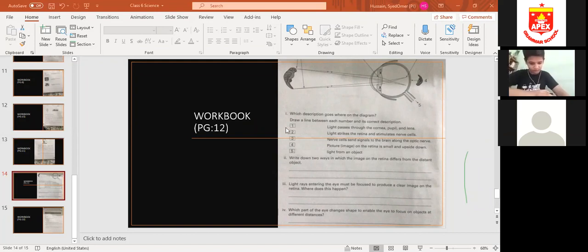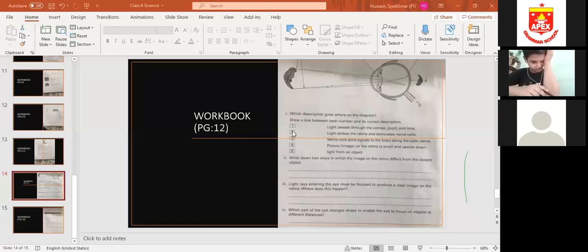Yes, Ahmed Raza, you can tell. What will be the answer to the second? Light passes through the cornea, pupil, and the lens. Yes, light passes through the cornea, pupil and lens. They are showing here, so what has the light done? It has passed. Okay, number 3.